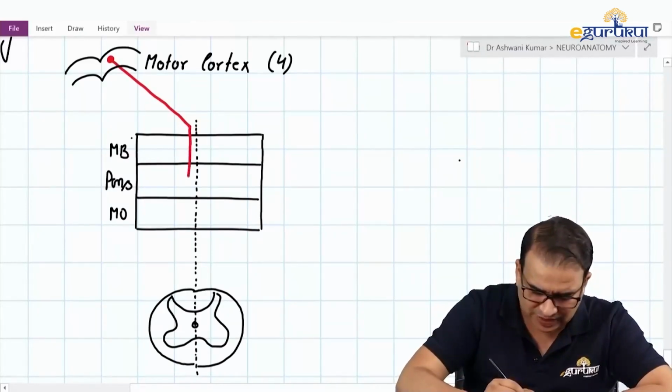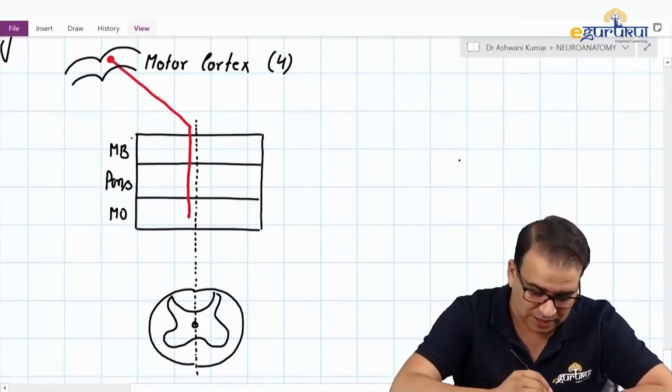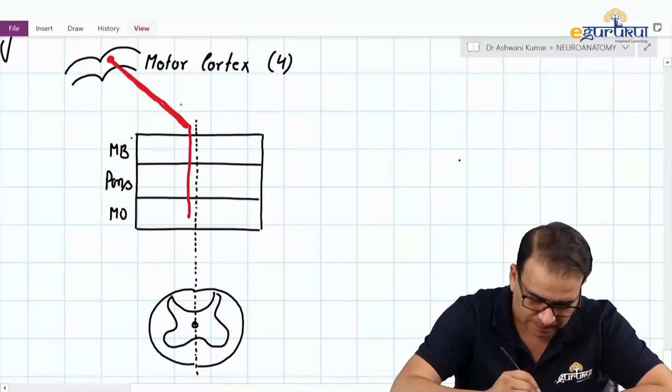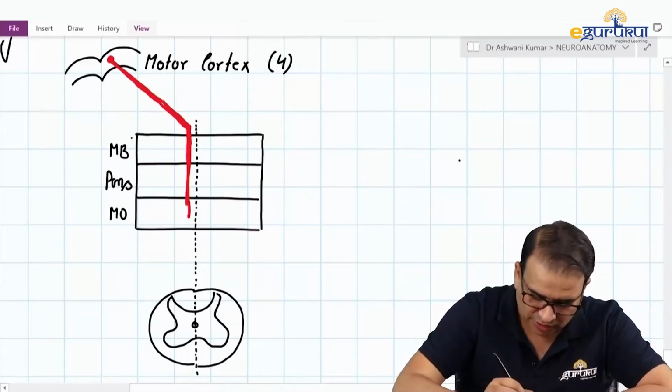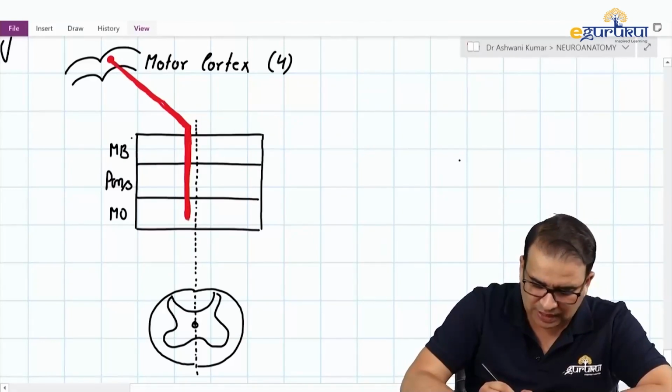And when these fibers reach the medulla oblongata, the lower part of the medulla oblongata more precisely, till here all 100% of the fibers are on the same side. But once they reach the lower part of the medulla oblongata, 85 to 90% of the fibers will decussate.